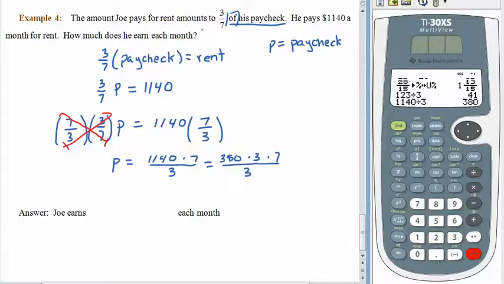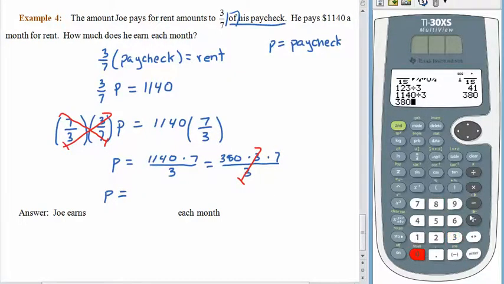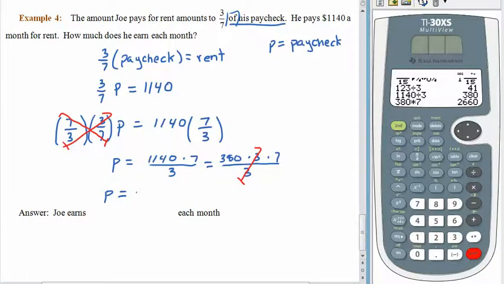There's a 3 in the denominator. Cancel the common factors. And let's see what we have. P is equal to 380 times 7, which is 2,660.